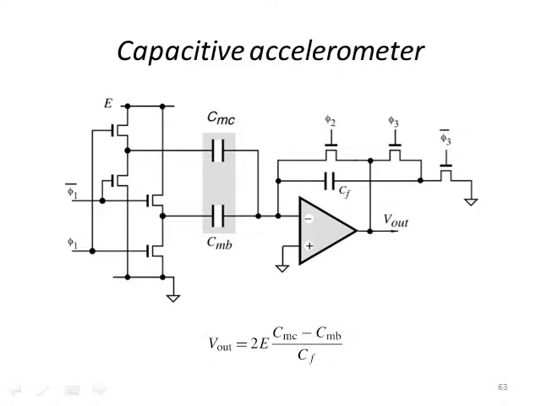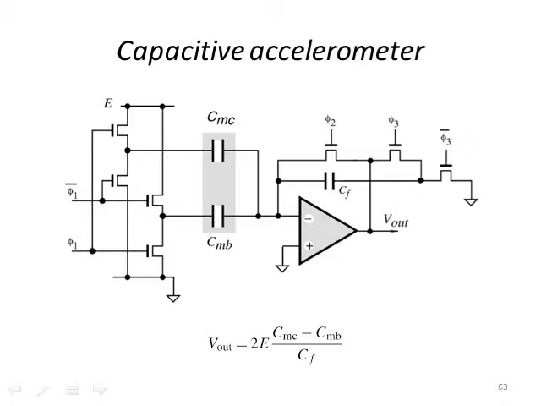And then, of course, we have a conventional capacitor. And then we also have the same type of control network at the input of our system. So then we get a similar type of relationship for the output with respect to the change of the capacitances.